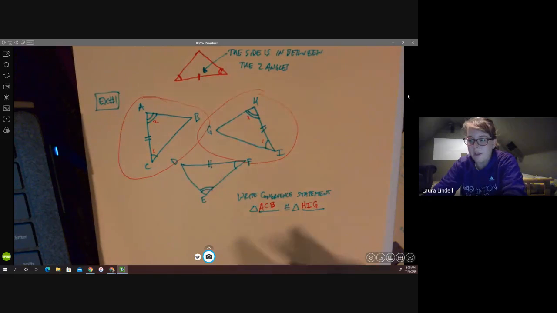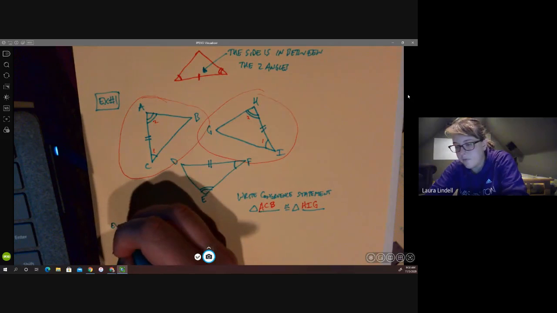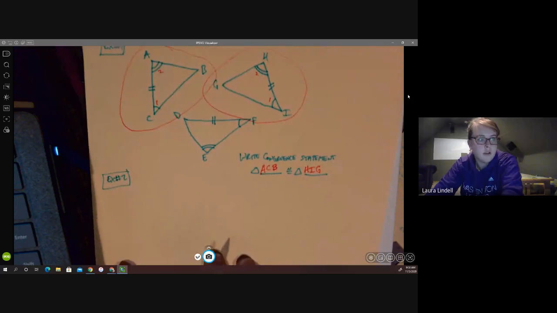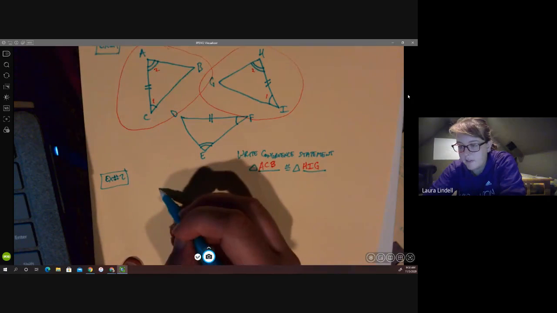Okay. Another example with angle side angle. We could see a picture like this.